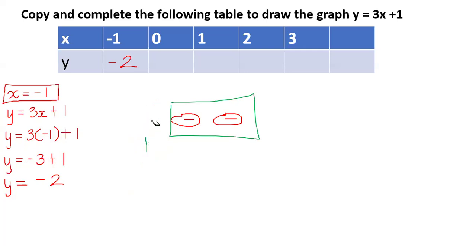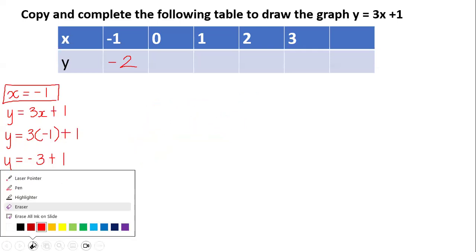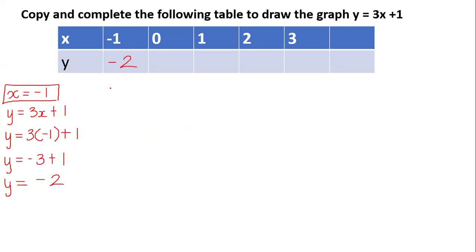Now that we got all that, we're going to move on to x is equal to 0. For x is equal to 0, we substitute. Wherever we see x, we're going to put 0.